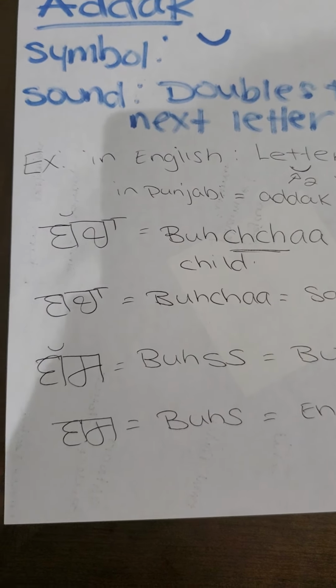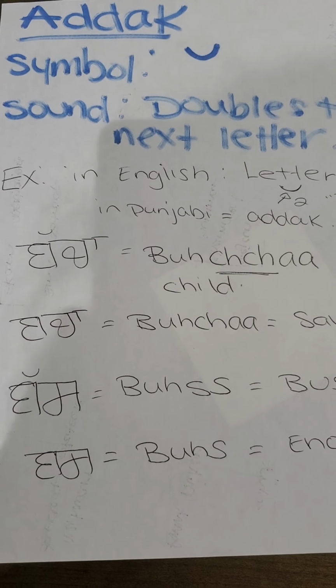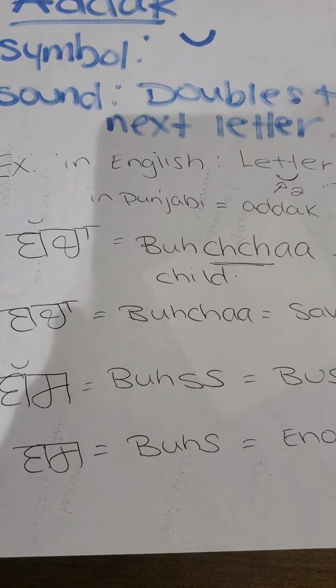Not every addak word has a word like this where it's exactly the same except no addak. There are a lot that are similar, but again, the only way to really know whether a word has an addak or not is basically through observation. So just try your best with this vocabulary.